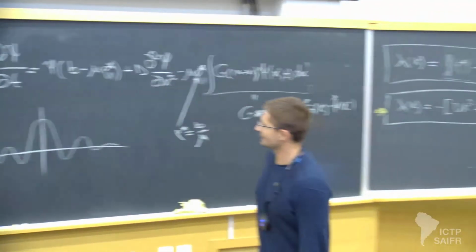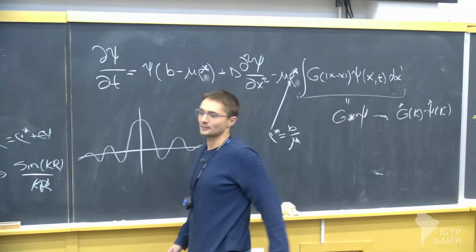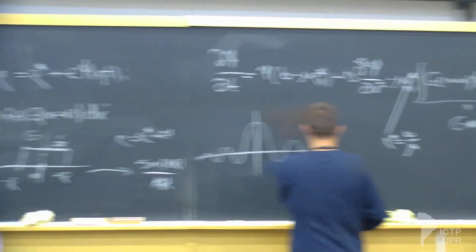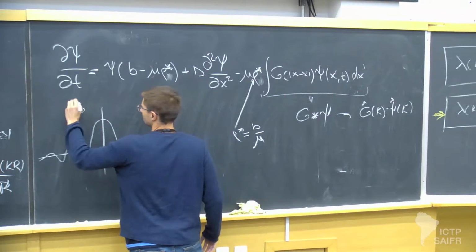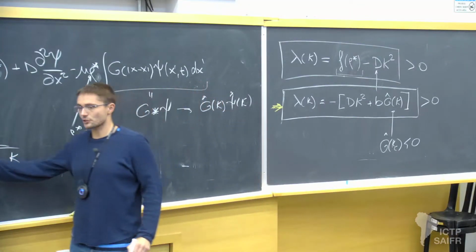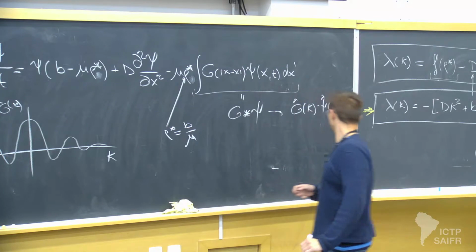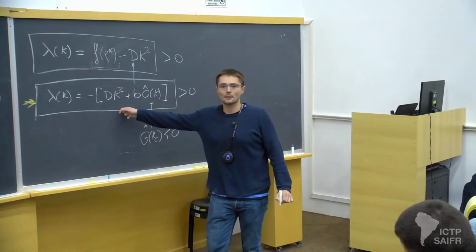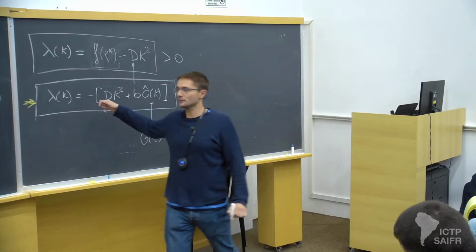There should be some observation here. So this has some, this is negative for some wave numbers. So in principle, I could have patterns here, right? I could have this to be positive for some patterns.